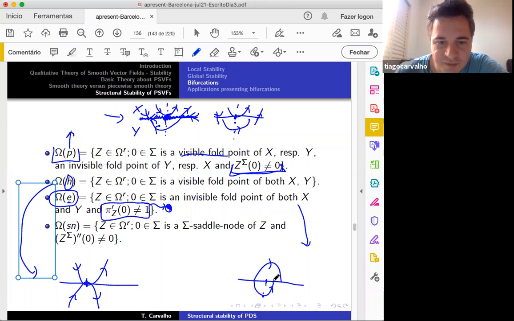So the first return map does something like this, and it's not a center, okay?